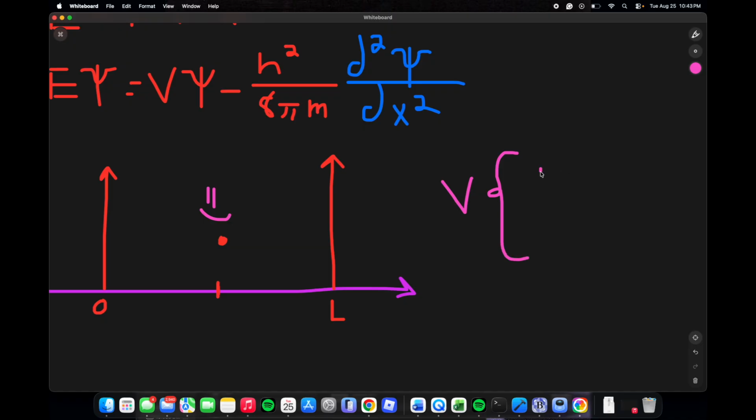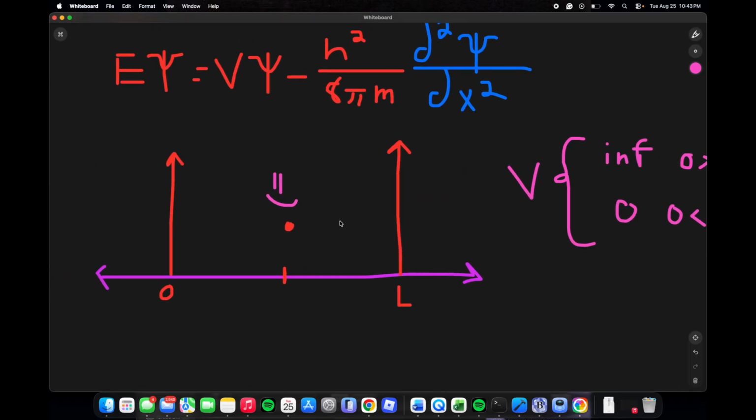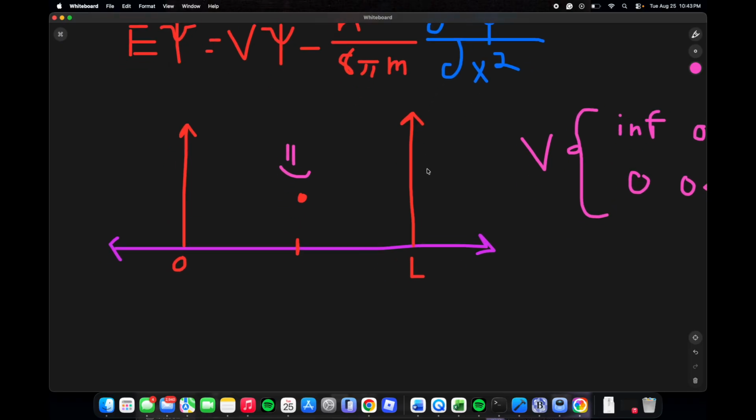So return infinity if x is less than 0, or x is greater than L, and return 0 if the opposite is true. So x is contained within the bounds of 0 and L. Okay, that's the idea that we're going for. So if this particle moves out of the bounds of the box, it's going to have infinite potential energy.